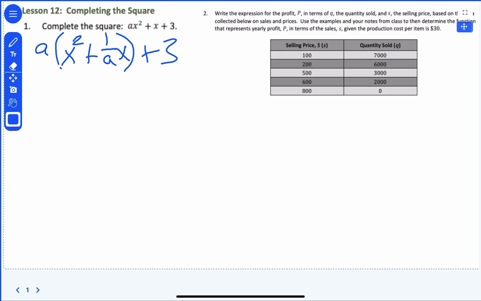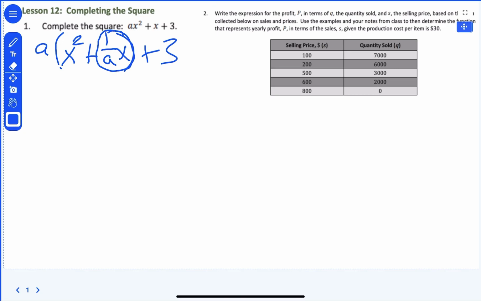Now, what we're going to do is square the parentheses, and we're going to subtract this. Well, we still have to divide by 2 and then square it. But we're only doing this term here. Okay? That's what we're adding to the problem. And that's what we're subtracting from the problem.